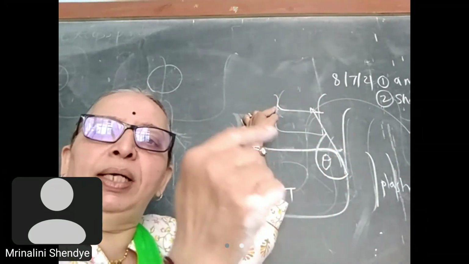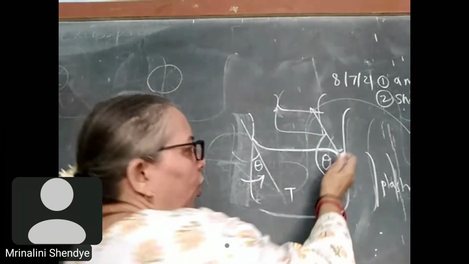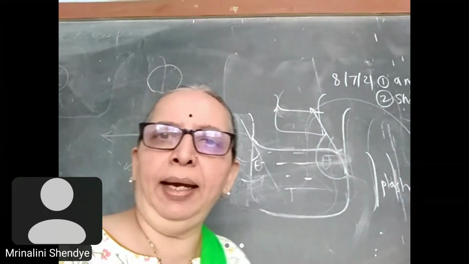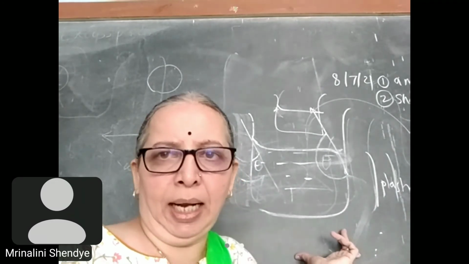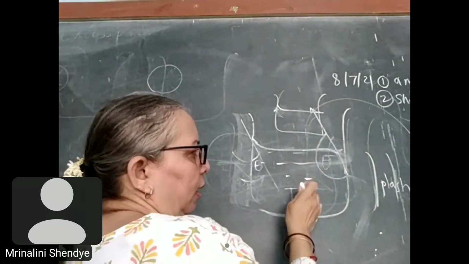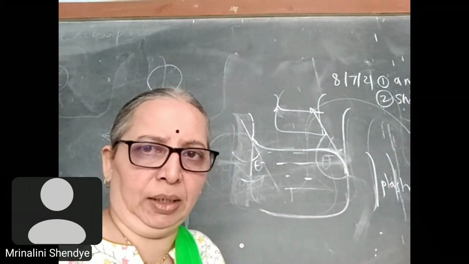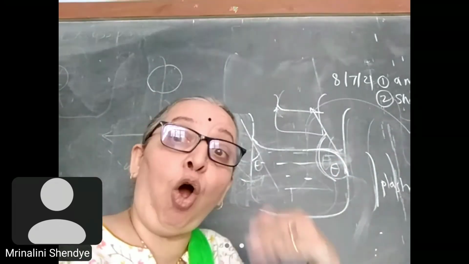If you take the case of mercury, suppose this is mercury, mercury does not wet the glass, it never sticks to the glass. So what happens is that the meniscus formed is always convex, and hence the angle of contact is always obtuse.